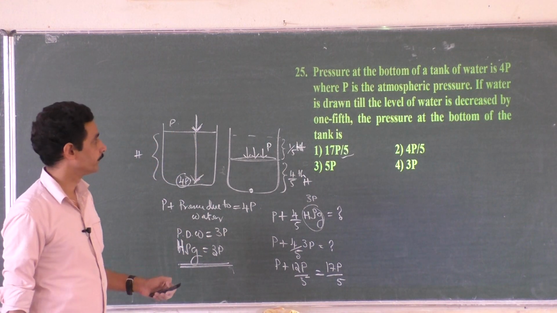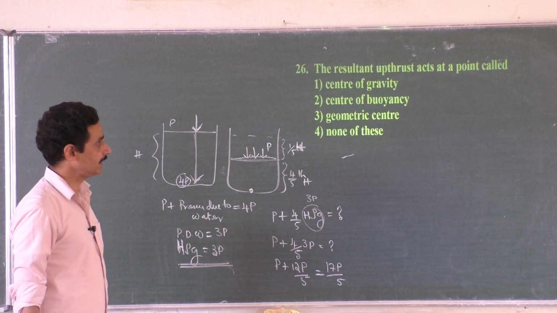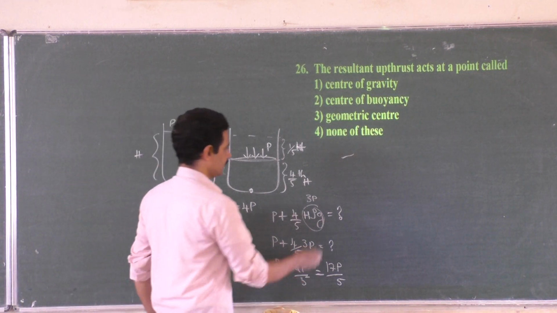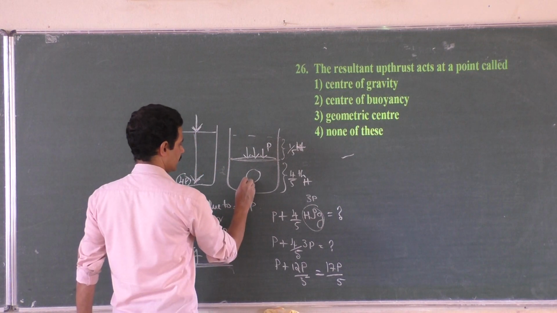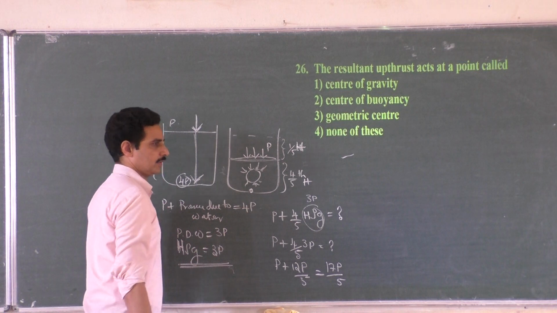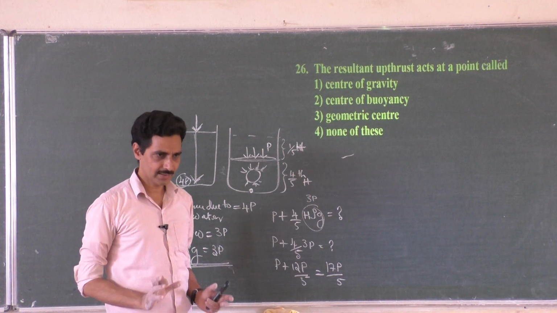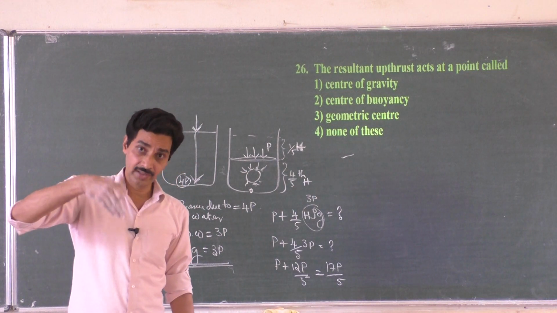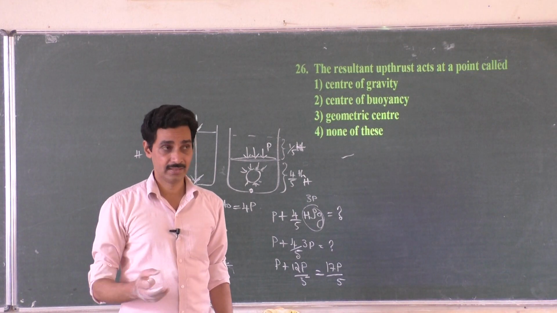Okay. 26. The resultant upthrust acts at a point called... Suppose a body is immersed in a liquid, all the molecules will push it upwards, and the molecules pushing it downward will be weaker, that force will be weaker, and thrust upwards will be more. We call it the resultant upthrust. Why? Because there is also a down thrust, but it is weak, upthrust is more.